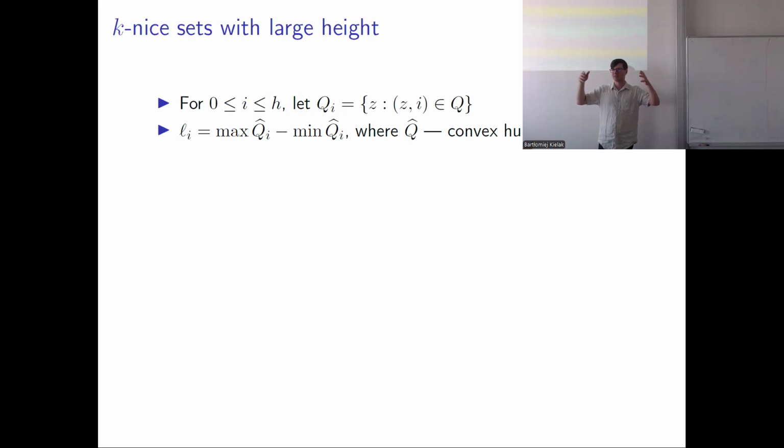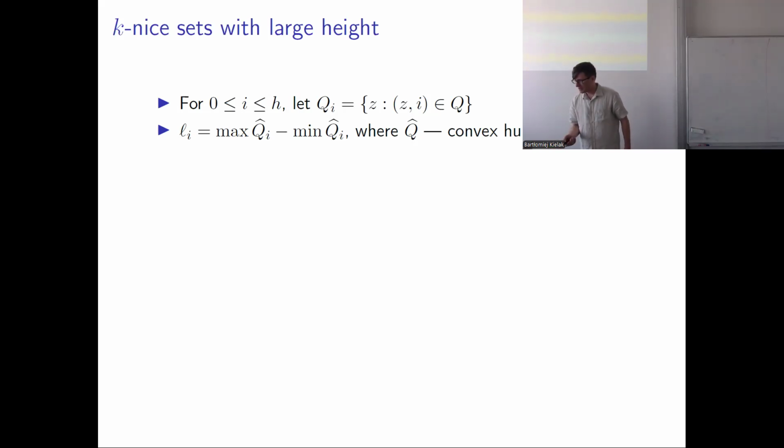But remember that in principle, we can have 0 points on a level i, so taking maximum and minimum makes no sense. Instead of saying that we take 0 here, we would like to do something which may not be really clear why we want to do. We consider the convex hull of our set. We have a finite number of points, we take the convex hull of them, and then we look at what happens at some level i. Now we always get some segment, and it has some length, and this length is just equal to Li.